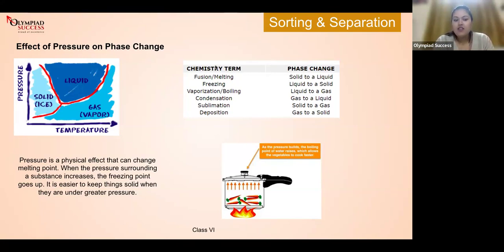All right, so pressure will change the melting point. Why? Because you're pressurizing it and bringing it closer, so the moment you bring it closer, the melting point changes. Any doubt here, anyone? How it changes and what it does, we'll discuss in the regular classes.